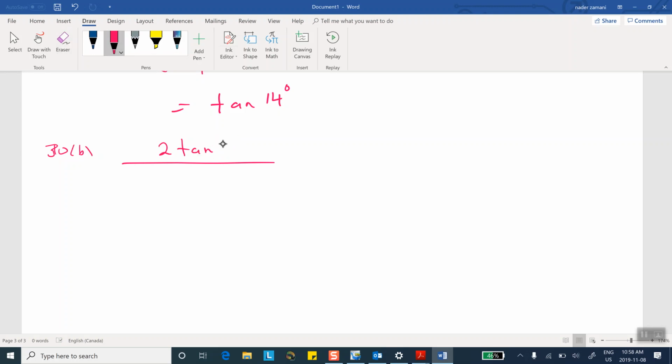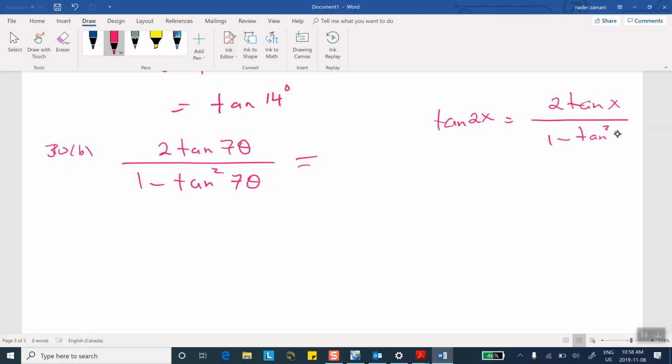Okay. 7 theta divided by 1 minus tangent squared of 7 theta. So you look at that formula that I had up there. Tangent of 2x is equal to 2 tangent of x divided by 1 minus tangent of x squared.